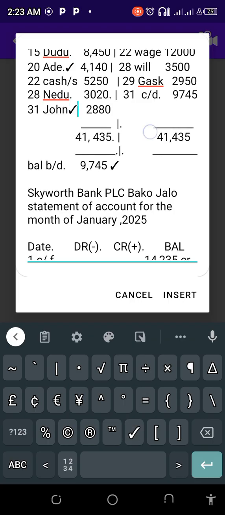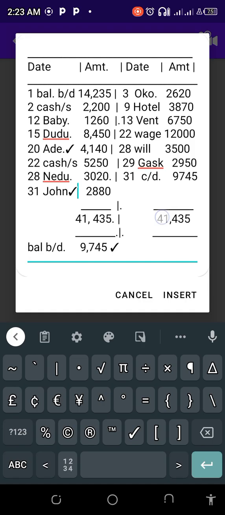So now in this question we have two uncredited checks. The check by Ade, which is 4,140, had been lodged, but it has not been credited. It is not found on the credit side of the bank statement. That means it has not been credited.